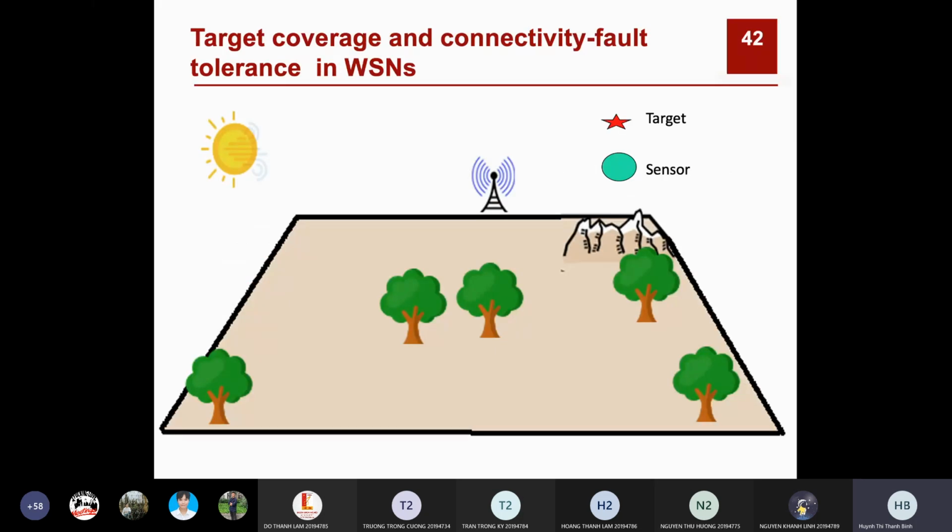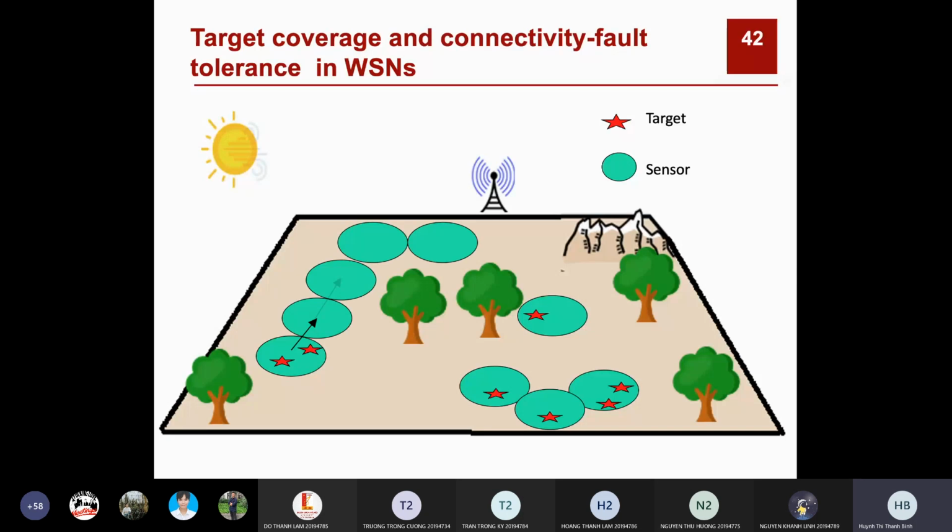For example, you have one base station and some targets. You need to put sensors in place so that each target will be covered by at least one sensor. But these sensors are disconnected, so they cannot connect to the base station.